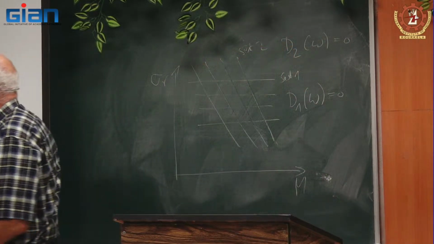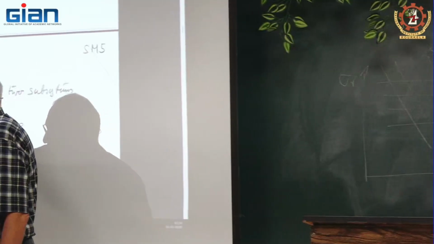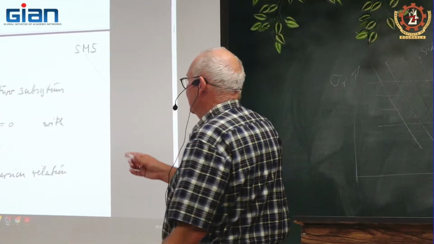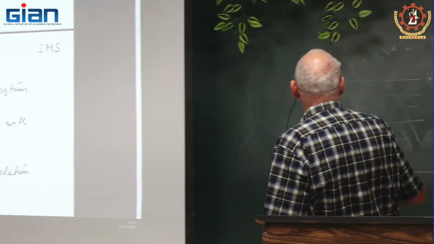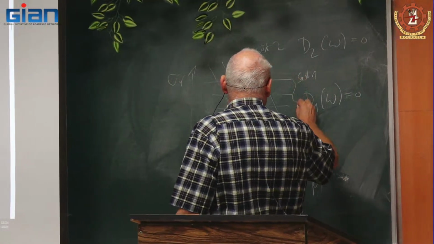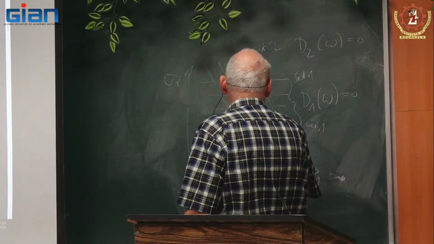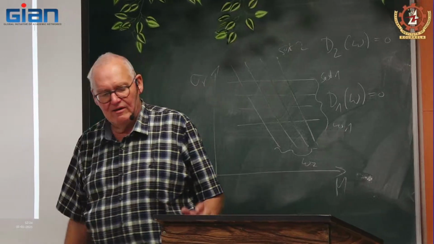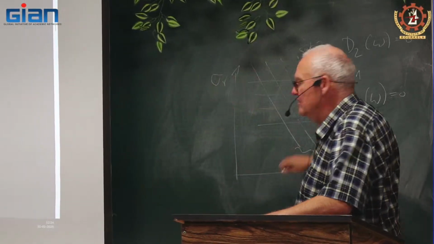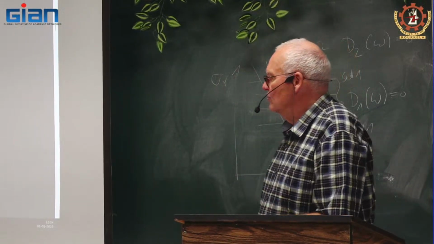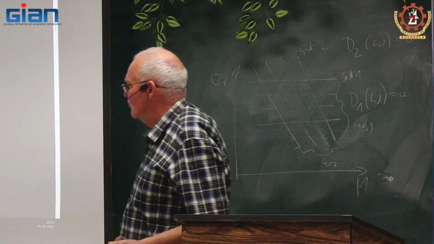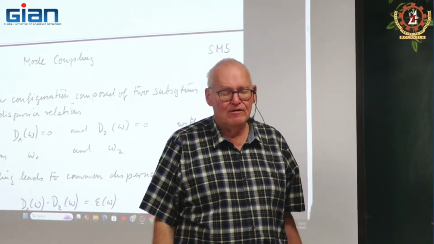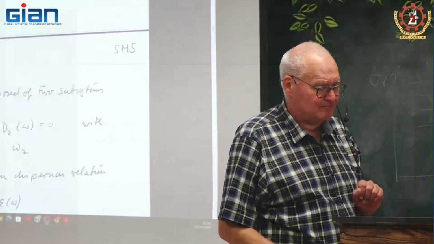The first dispersion relation will have solutions omega 1, and the second set will have solutions omega 2. So these here are the omega 1s, and these here are the omega 2s. And we have crossings between these two sets of modes, and if they are independent, then these two dispersion relations have to be satisfied separately.